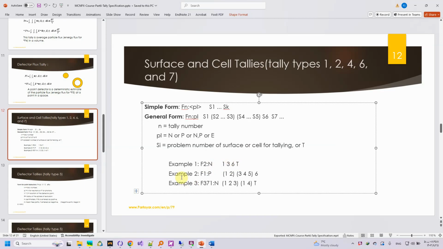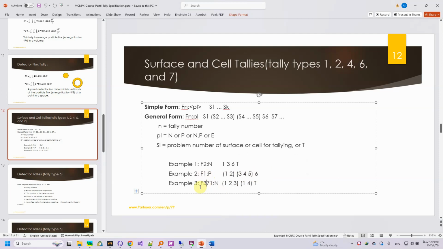Here is another example, F1 of photon, and here we can say 1, 2, it means this surface, and also make a summation of 3, 4, and 5, and at the next step print tally type 1 over surface 6.